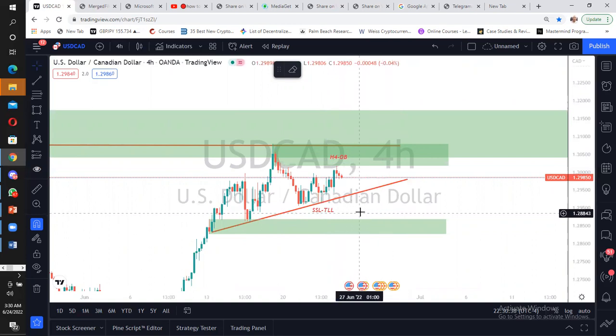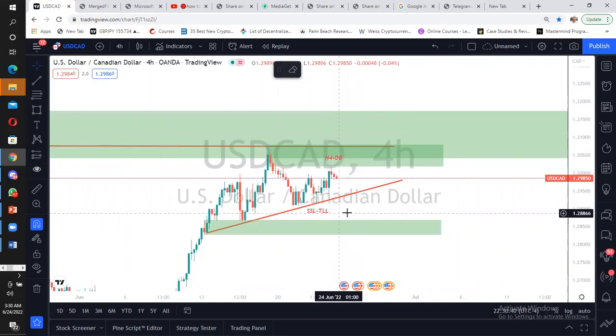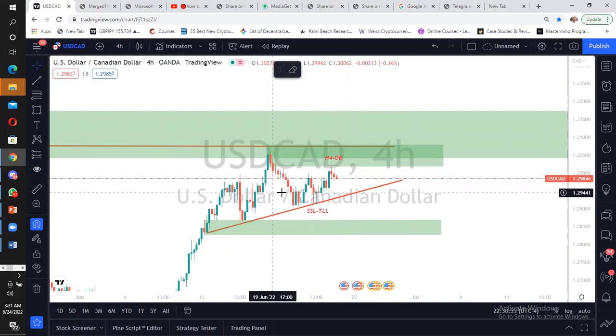So what are we expecting here? We've seen a break of market structure here. It got mitigated by this block, broke the structure, returned back to OB, flushed down.